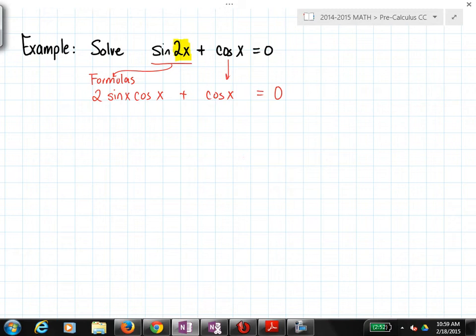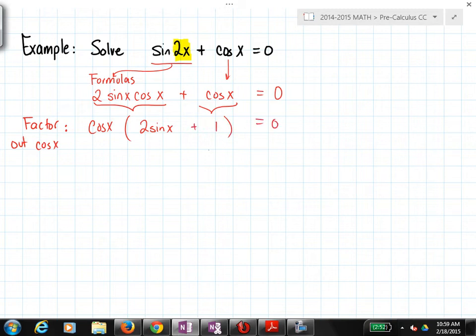Now, what does this term and this term have in common? So let's go ahead and factor out the common term, cosine of x. So I'm going to have cosine of x times 2 sine of x plus 1 is equivalent to 0.